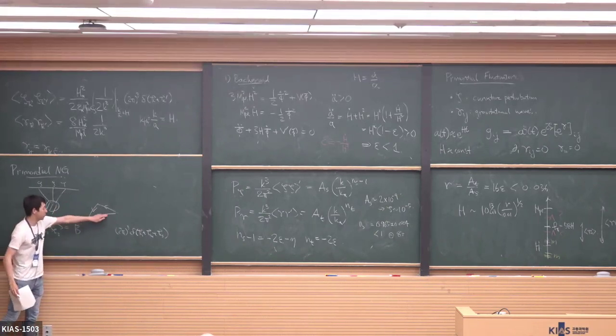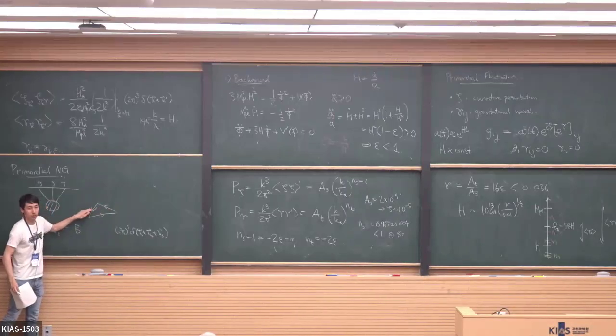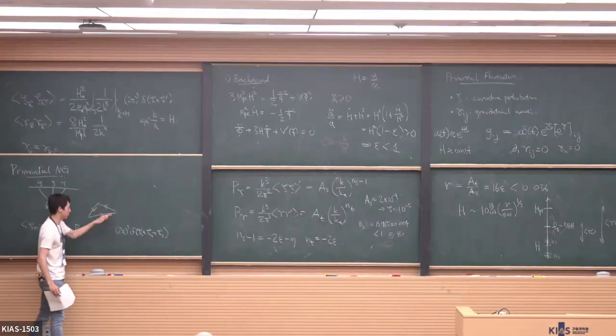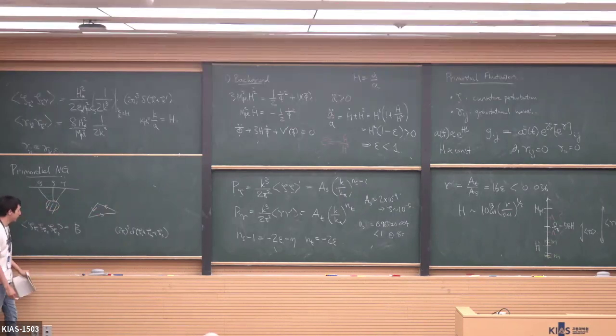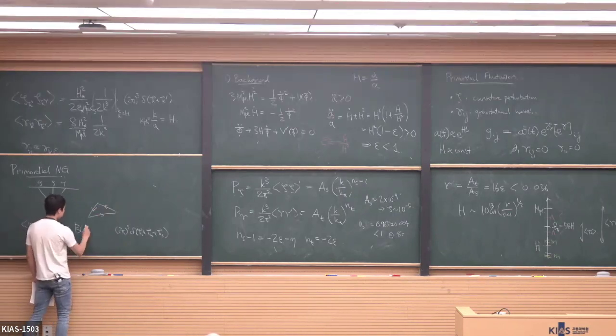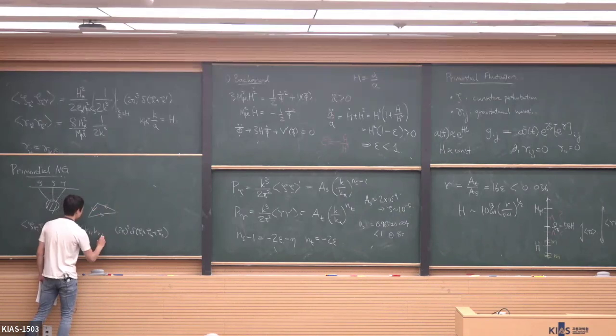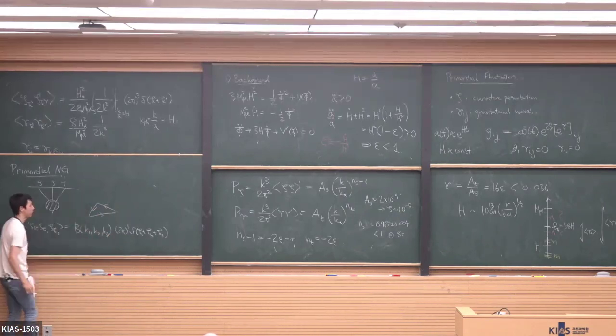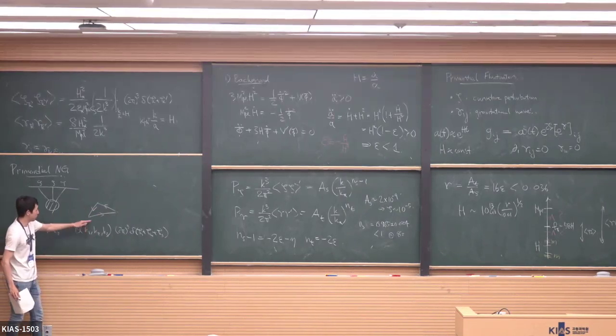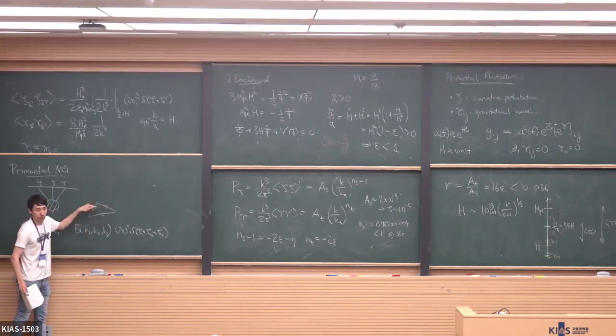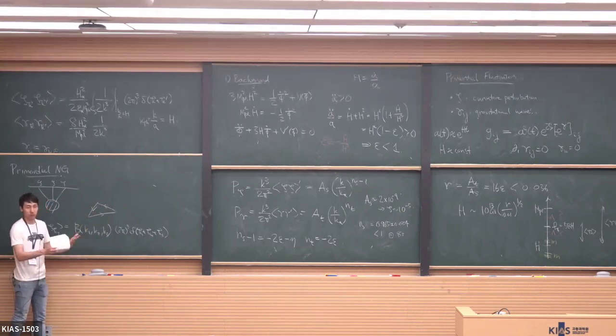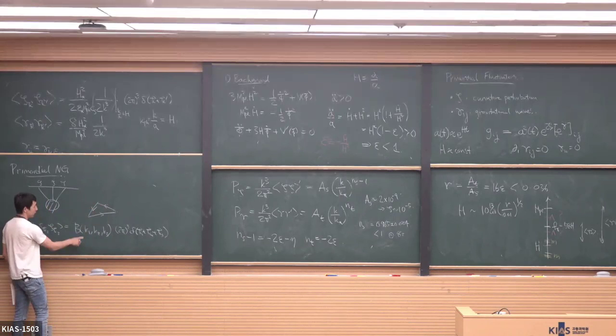When you sum k1, k2, k3, they form a closed polygon. And this function just depends on the side lengths of this triangle because of spatial isotropy. When I don't write the vectors above, I mean the magnitude of these momentum vectors.